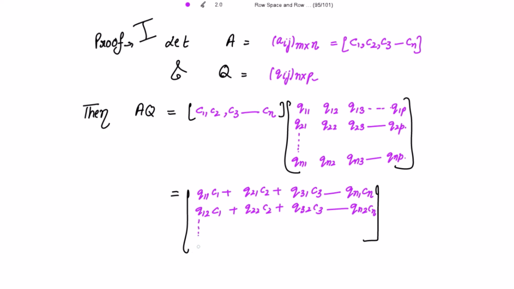And at the last, we get Q1PC1 plus Q2PC2 plus so on, QnPCn. So this shows that each column of AQ is a linear combination of C1, C2, C3 up to Cn, and consequently lies in the column space of A.